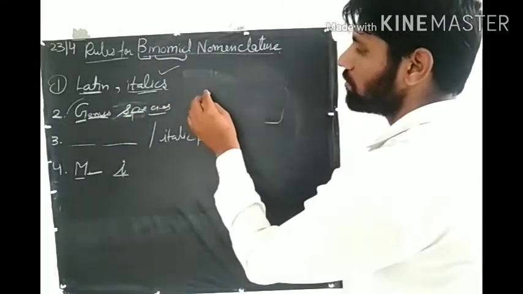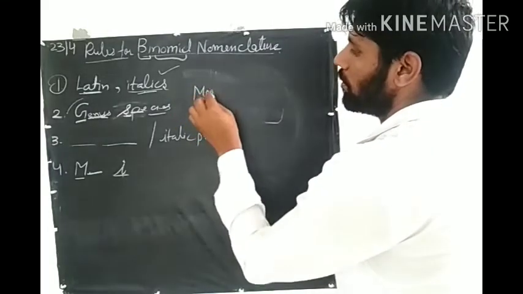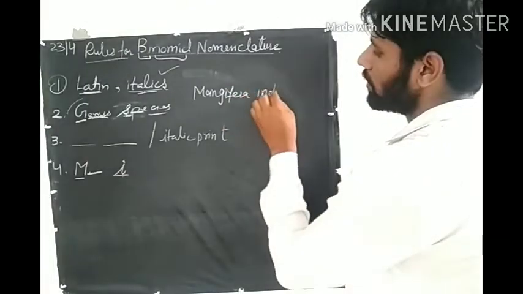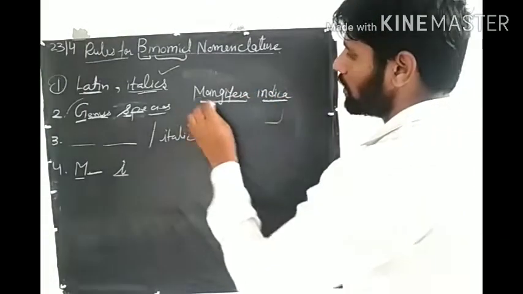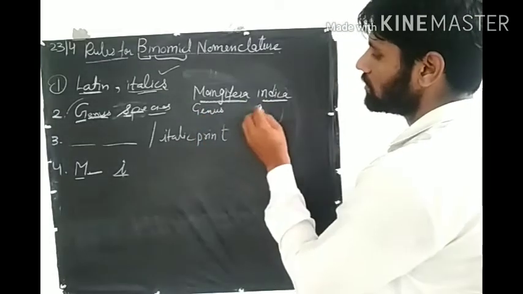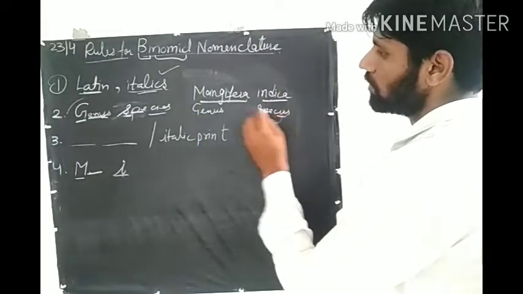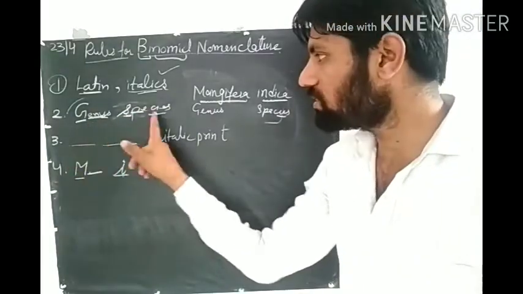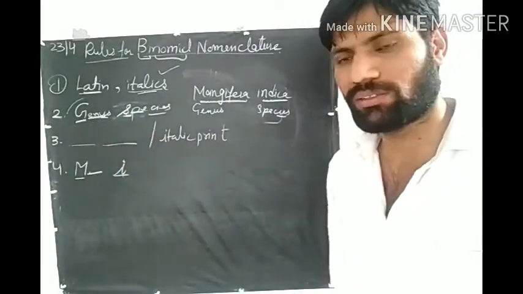Like here we have the example of Mangifera indica. This Mangifera is the genus and this indica is the species. So in binomial nomenclature, the first word is of genus and the second word denotes the species.